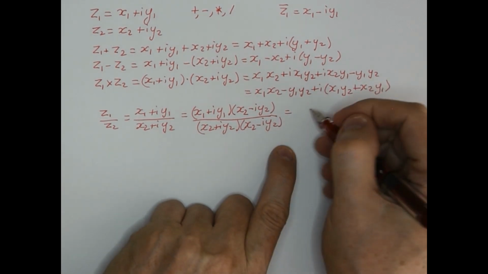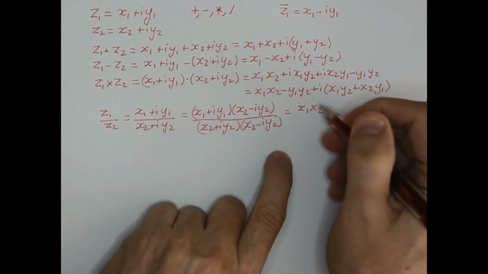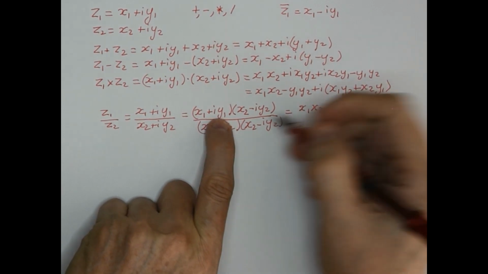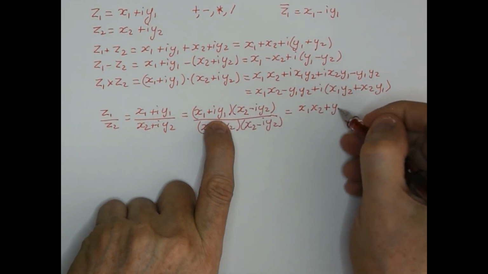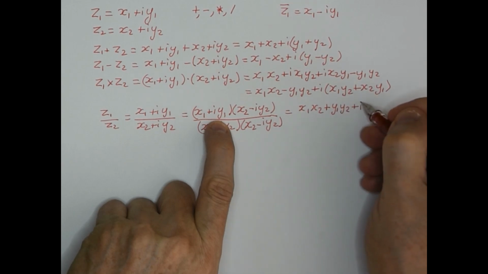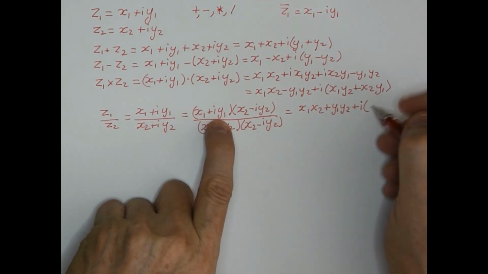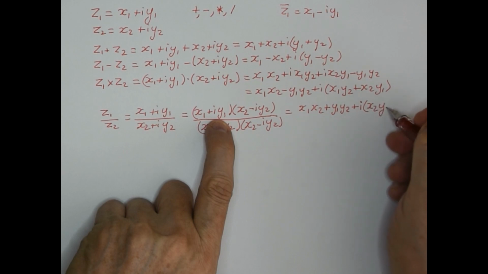We can work this out. We get x1 x2, and plus i squared, which is minus 1, times y1 y2, plus i (x2 y1 - x1 y2).